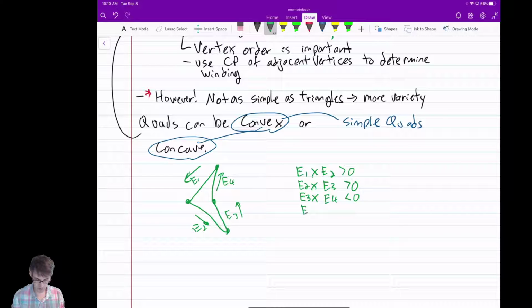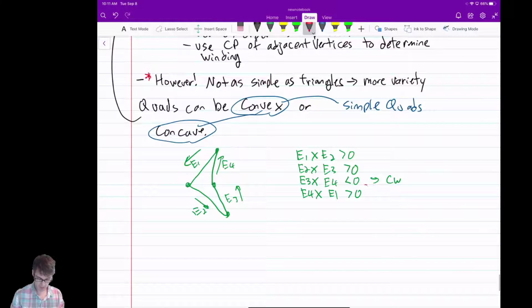And then edge 4 cross product edge 1 turns left again, counterclockwise again. That's right. So this was clockwise, the other ones are counterclockwise.